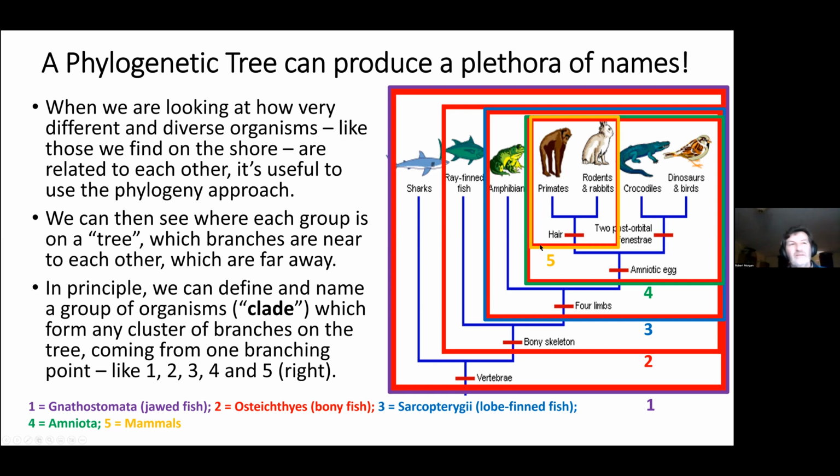And then the box with the green edging, number 4 there, which includes mammals and reptiles and birds, is what's called amniota, because they evolved amniotic eggs. That is, eggs that don't need to be in water all the time, like frog spawn, for example. Their eggs can hatch out on land, and of course some of them, like the mammals, have done away with the eggs altogether.